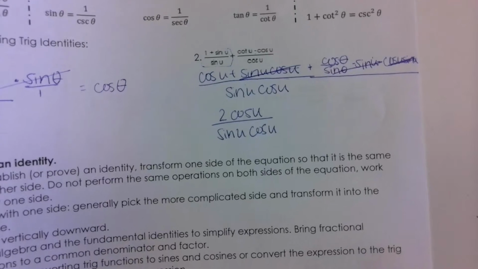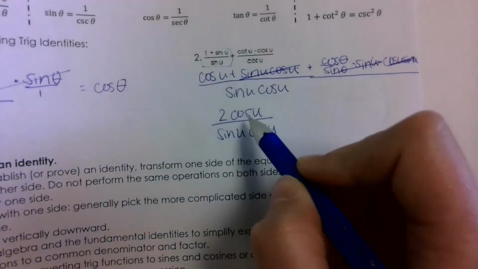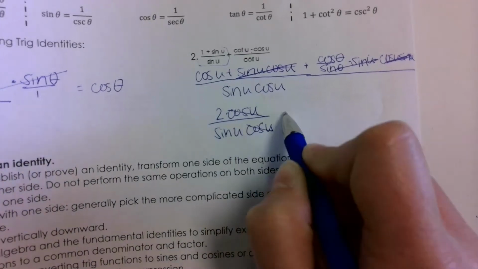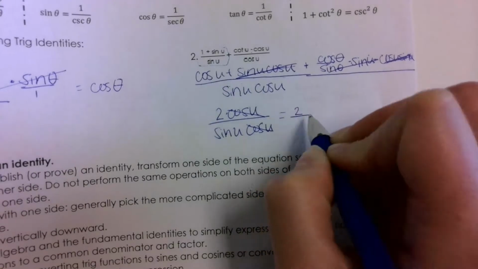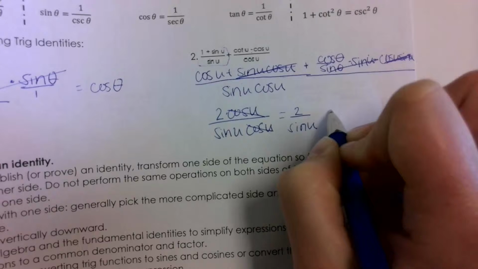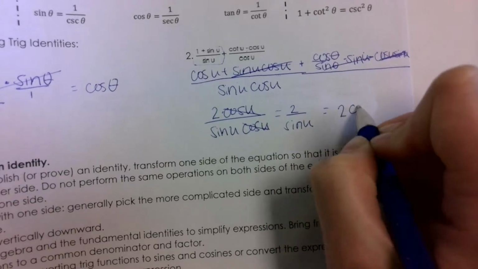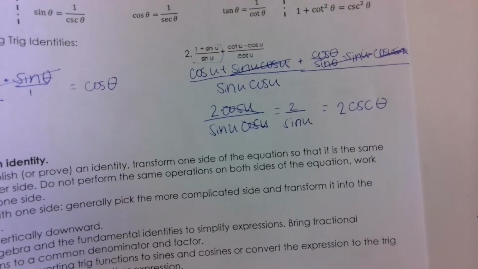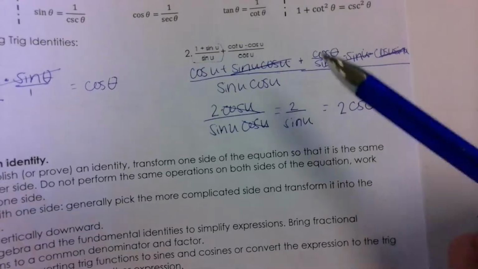What can we do from there? Cancel out your cosines? Is that what you said? Yeah. So the cosine's going to go away. So we're left with 2 over sine. So what is 1 over sine? So could this just be 2 cosecant? Nope, because the cosine's canceled.